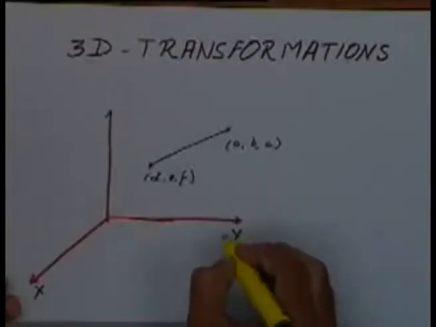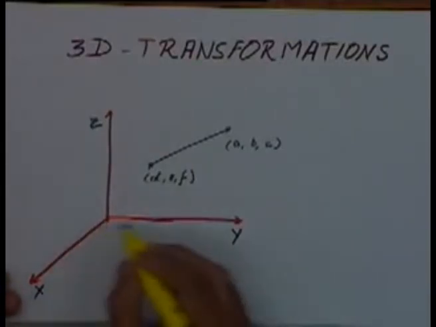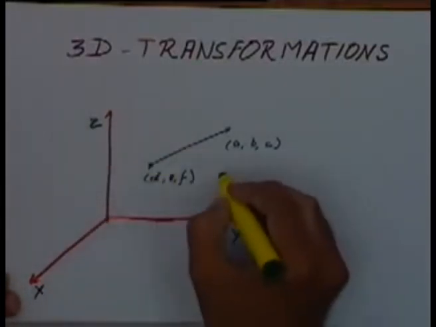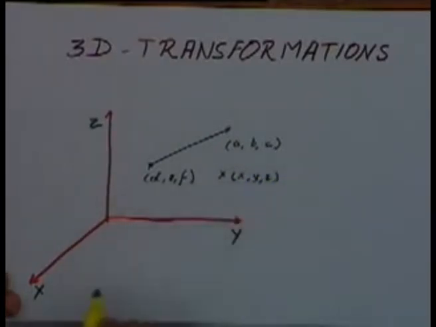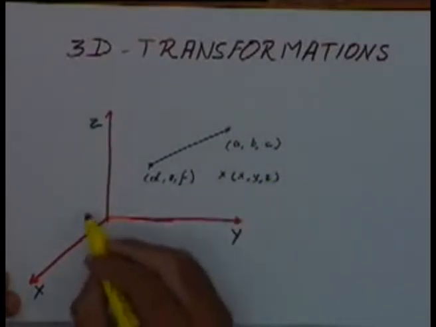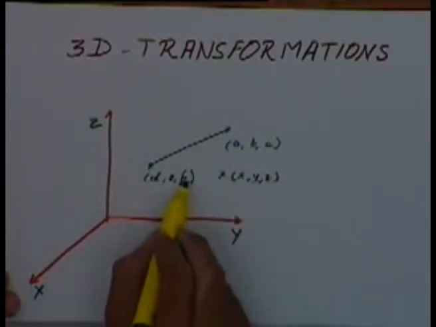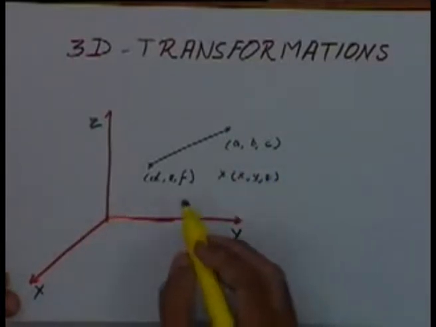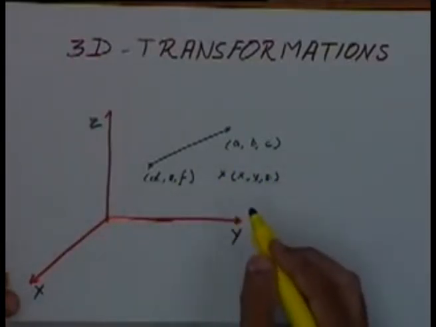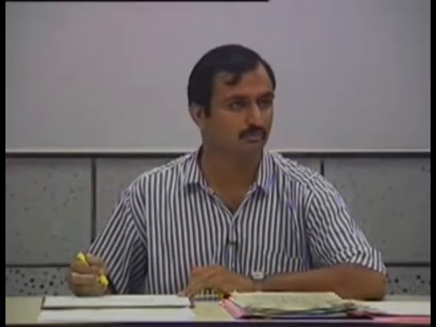So if we have the xyz axis and we have any arbitrary point xyz, we want to rotate it about an axis which is passing through the point DEF and has direction cosines of ABC. Okay, that is a general arbitrary rotation about any axis. We already know how to rotate about the x axis, about the y axis, or about the z axis.